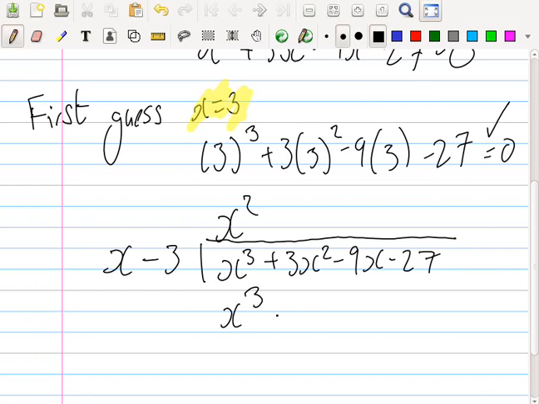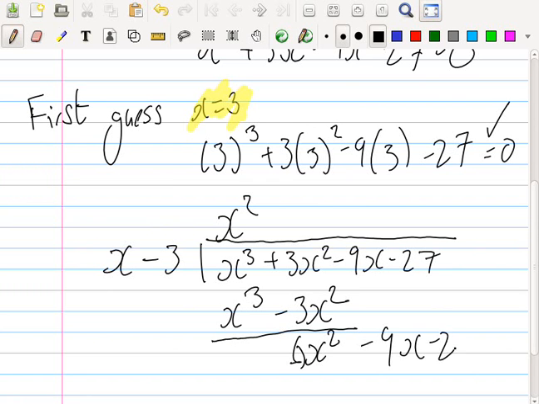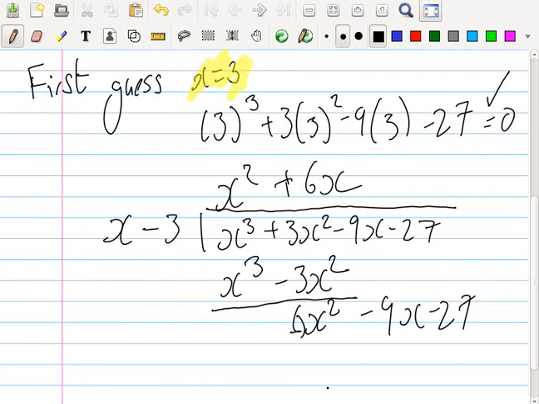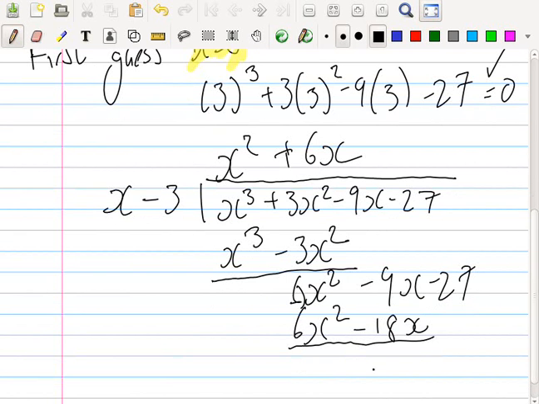X cubed minus 3x squared. Subtract, that's 6x squared. Minus 9x minus 27. Plus 6x. 6x squared minus 18x. Minus 9x minus 27, minus 9 finishes it.